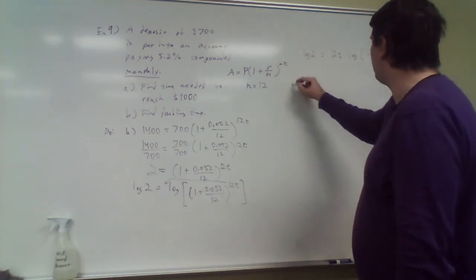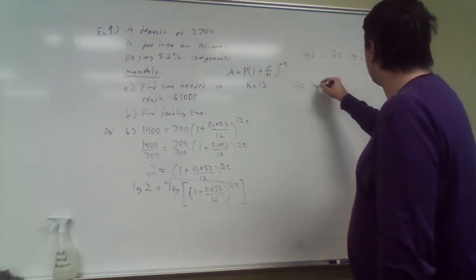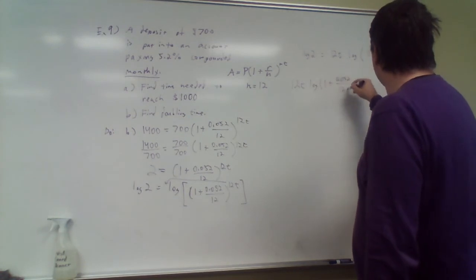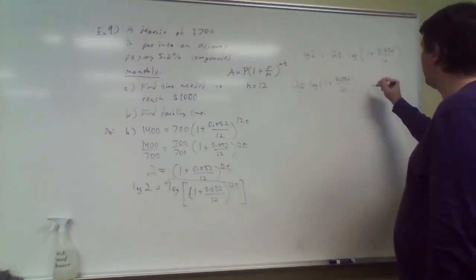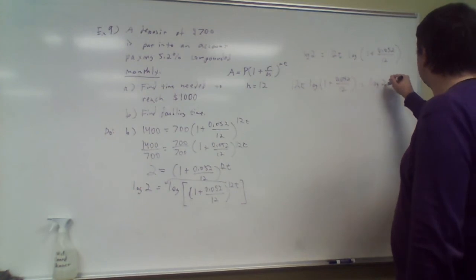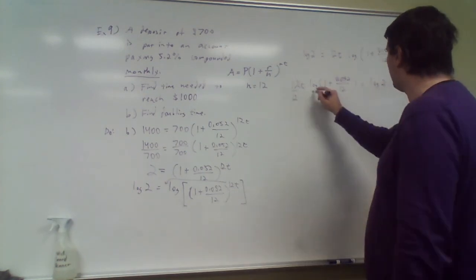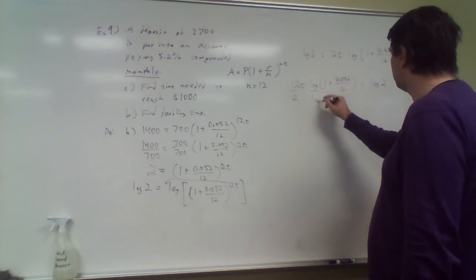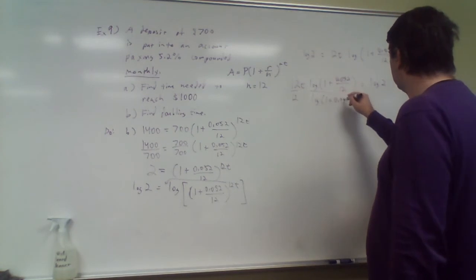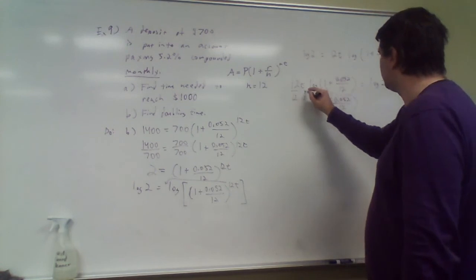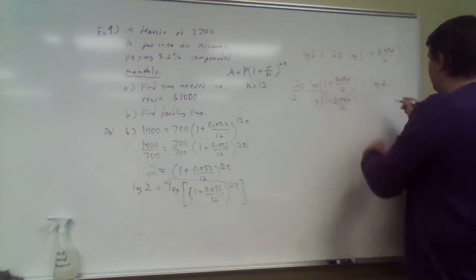So I'm going to move 12t log of 1 plus 0.052 over 12 equals log of 2. And then I'm going to divide off the 12 to isolate the t. I'm also going to divide off this part. Okay? If I do it here, I also have to do it over here.